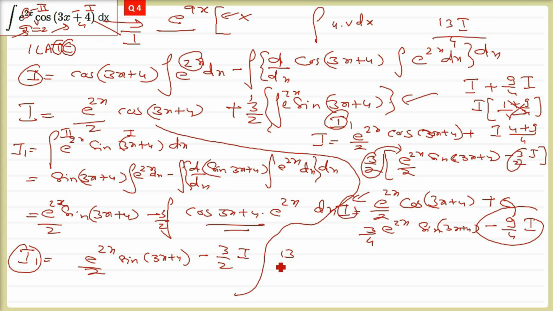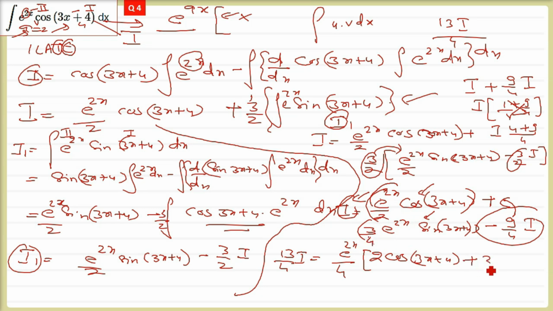So 13 by 4 I is equal to, now you can take e raised to x common, and also take the denominator as 4. That means you can take the LCM of these two. Since we have 4 as the base in the denominator, you have to multiply 2 with cos 3x plus 4, because only 2 is in the denominator there, and we have taken 4 as the denominator for the LCM. Since 4 is already there with the sine term, it will remain like that.